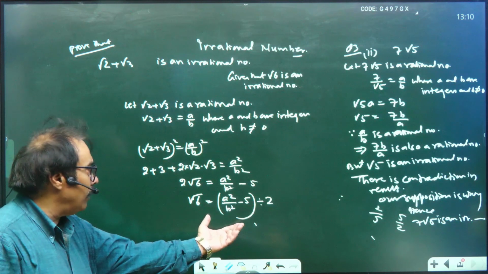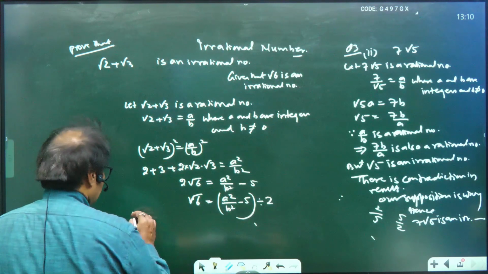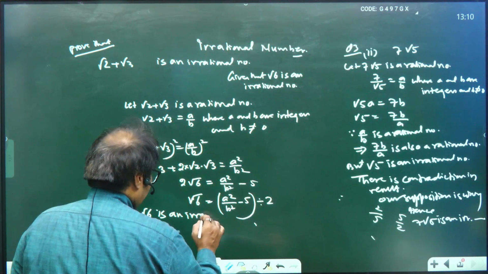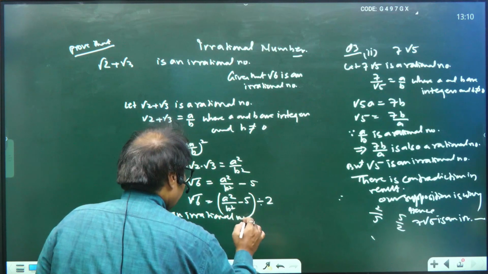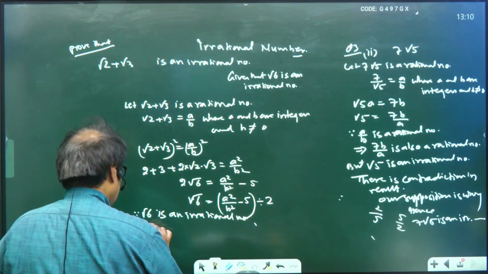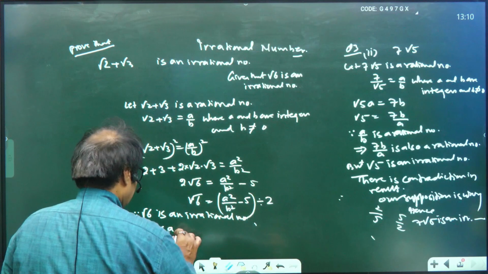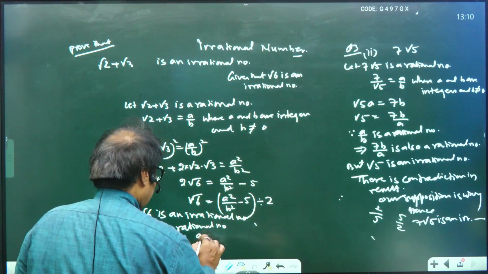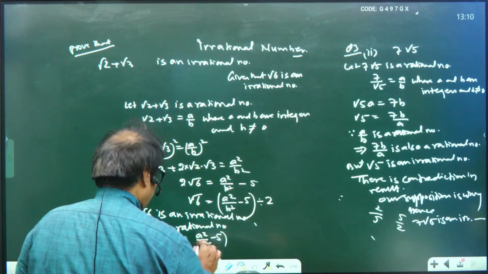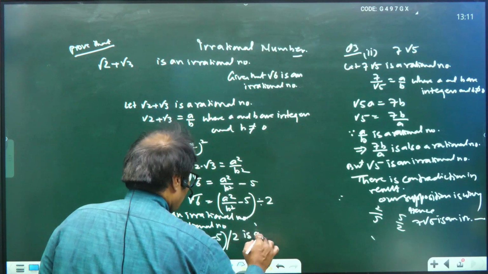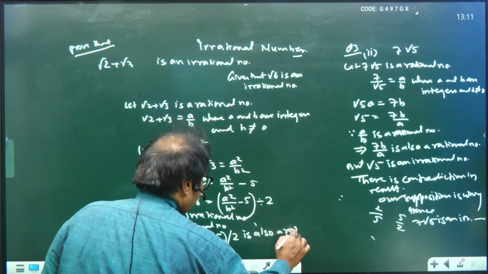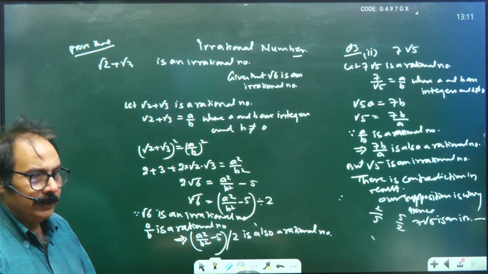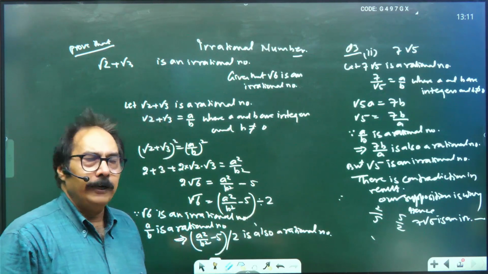So now after that you will write, since root 6 is an irrational number and a by b is a rational number, this implies that a square by b square minus 5, whole divided by 2, is also a rational number. After that you will write there is a contradiction in the result. So our supposition is wrong. Hence it is an irrational number.